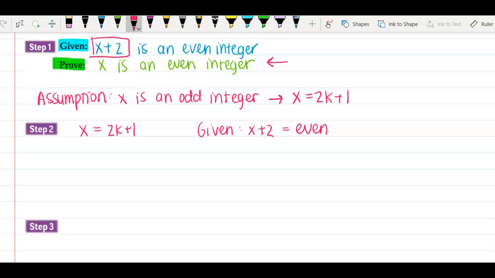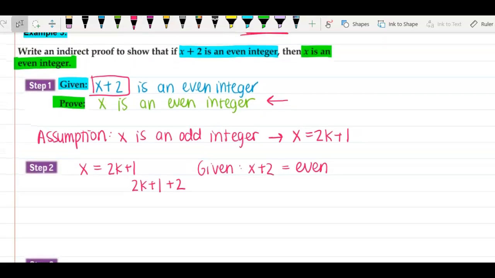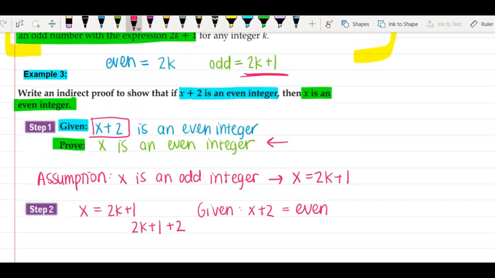Instead of x, I'm going to write 2k plus 1 plus 2. Now the goal here is to manipulate this expression to look like either 2k or 2k plus 1. 2 times a quantity would give us an even number. 2 times a quantity plus 1 would give us an odd number.